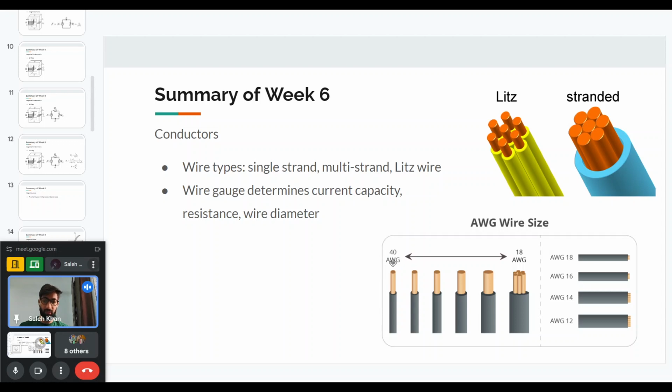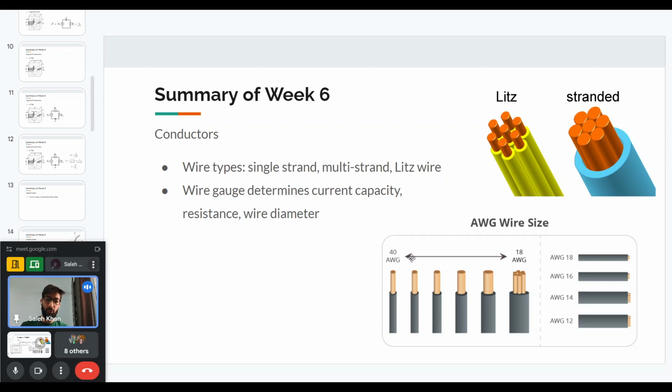For example, AWG 40 will be a very small wire. It will have a very small diameter and an associated cross-sectional area, and then it will have a resistance per length of that wire. If the AWG is very high, then the diameter is small, the area is small, and resistance per unit length is high.